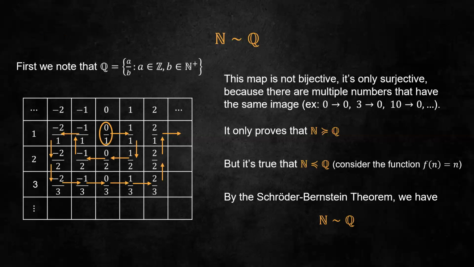And if we continue the pattern, you can see that every number will eventually be checked out. Now you can say, oh, but this is not bijective. True. But we saw that if N dominates Q and Q dominates N, then they must have the same cardinality.